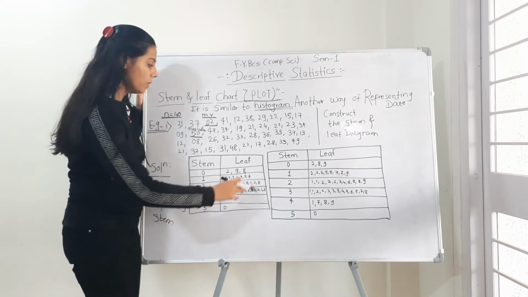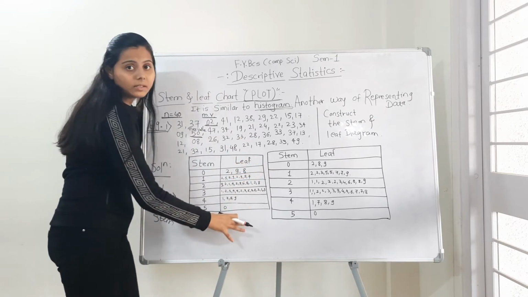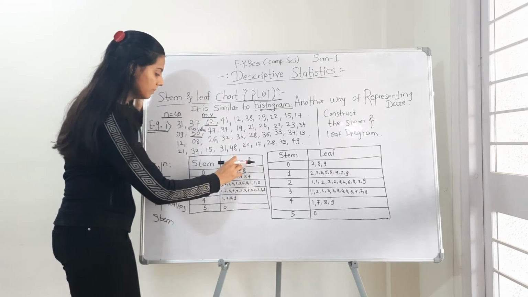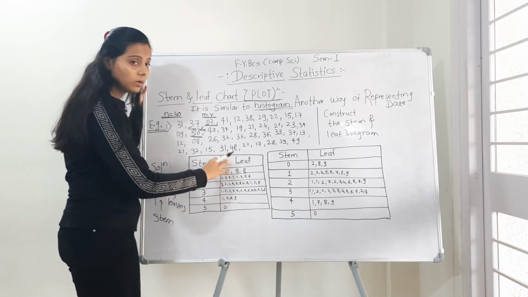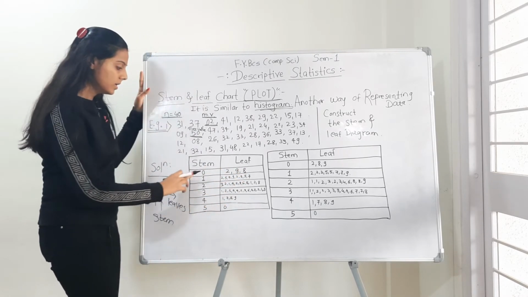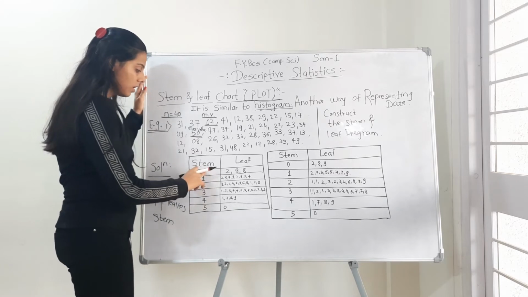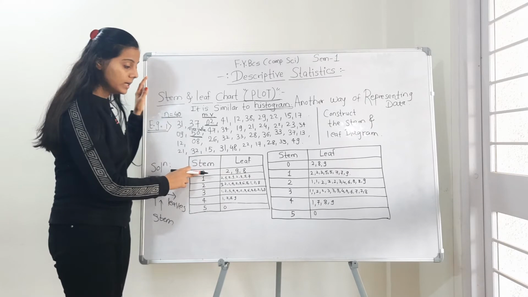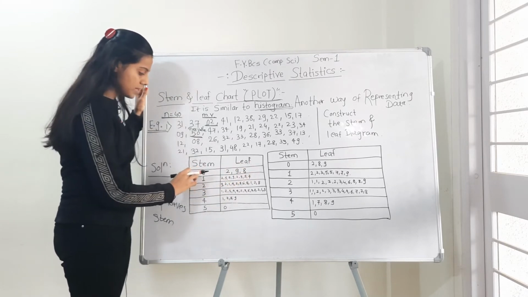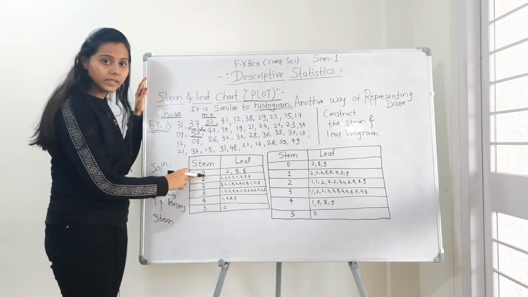Now, in the second column, the leaf column, how do we write down the numbers? In the first row, we note down all the numbers that start with 0.